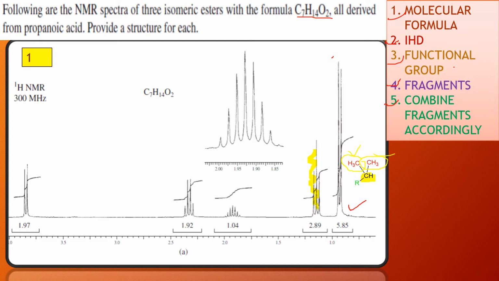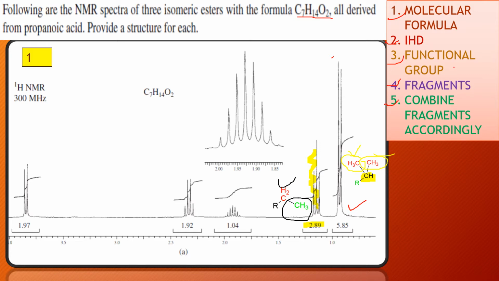This is a triplet and the integral value is 2.89. 2.89 is almost 3, so it means that there are 3 protons which are giving us a triplet because the neighboring carbon contains 2 protons. So you can see here, this is the carbon having 3 protons, and this carbon is giving a triplet due to this carbon.